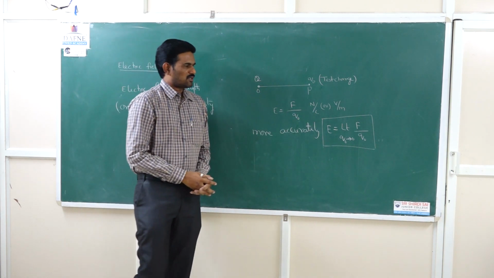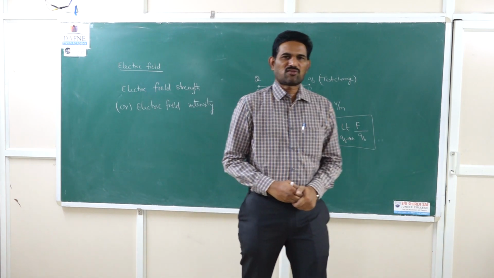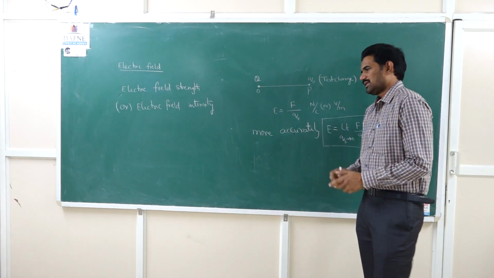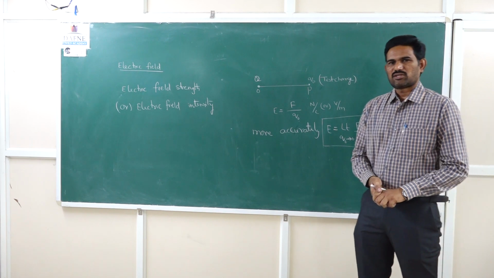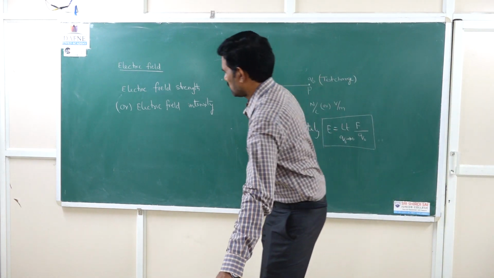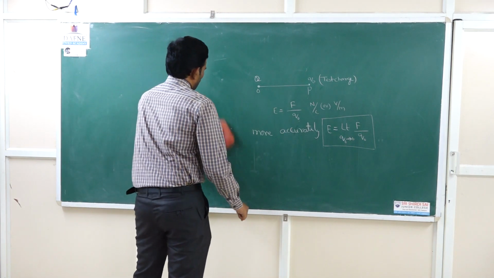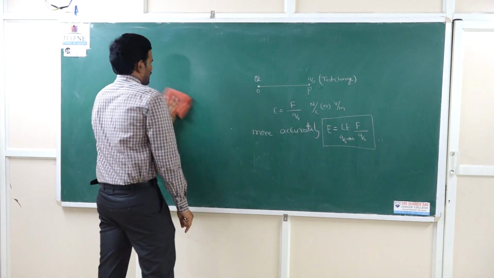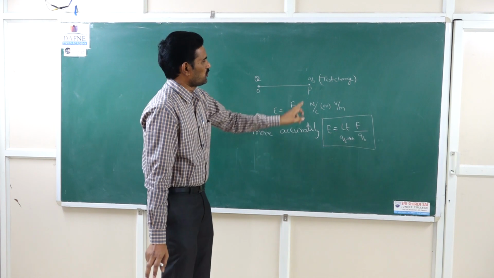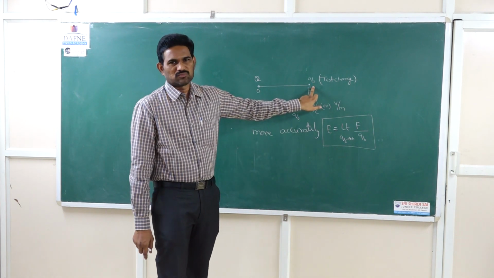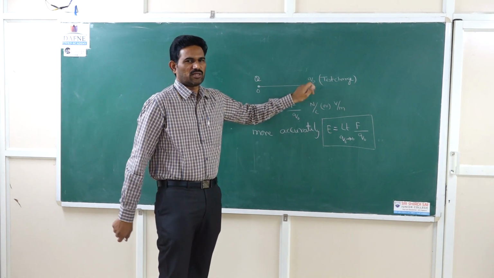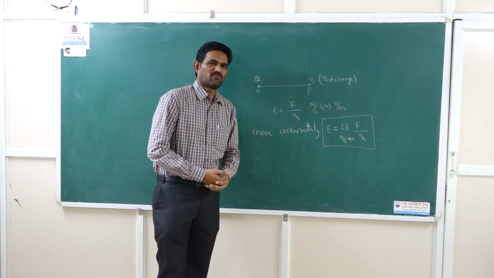And next, another point regarding this electric field: the electric field is a vector quantity, and its direction is in the direction in which a unit positive charge tends to move. That is more accurately how we can define it: the direction of electric field at any point.